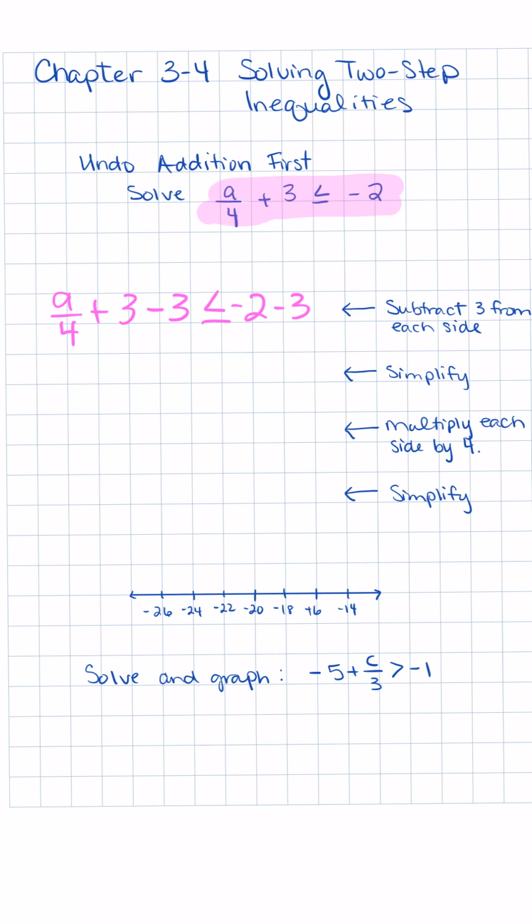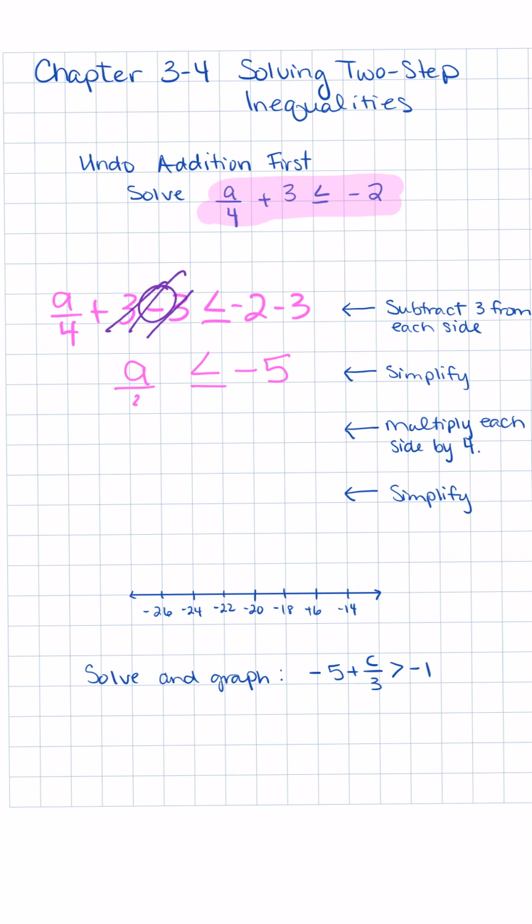This side is going to cross out because +3 minus 3 equals 0. On this side, if you have a negative and you're subtracting 3 more, it's like adding them together, but they're both negative. So this is going to equal -5.